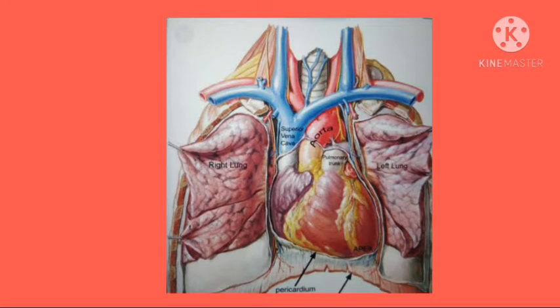Our heart is enclosed in a double membrane called the pericardium. The space between the double membrane contains the pericardial fluid, and this pericardial fluid is very important to avoid jerks and shocks.